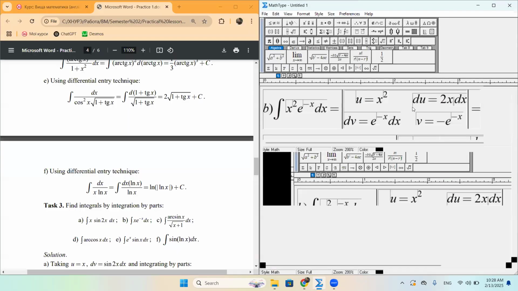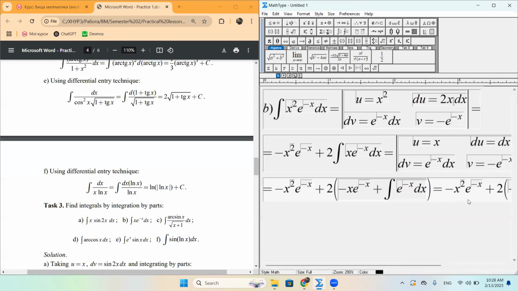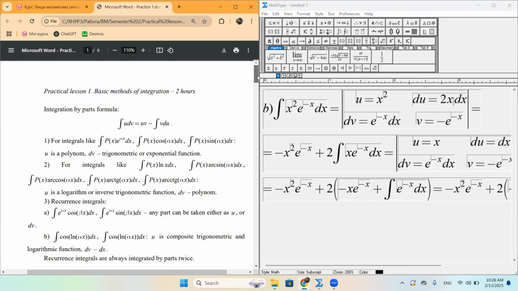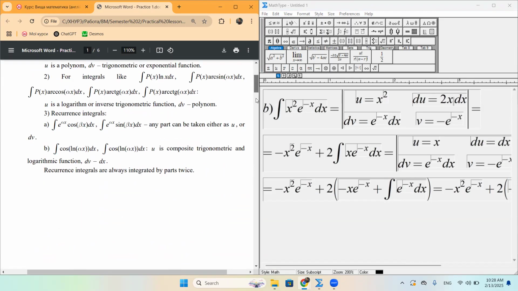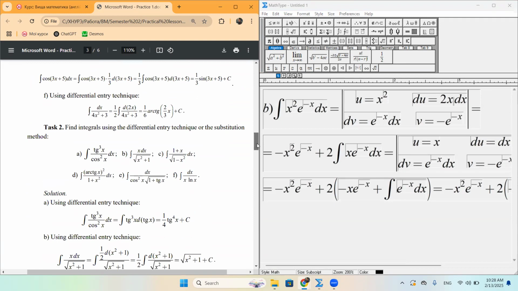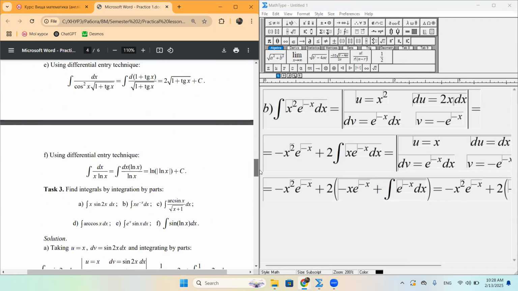I may have one question. Sure. Does this mean that the number of times we have to repeat the procedure entirely depends on the power of the polynomial, or of the u, that is? Well, for integrals that look like this, a polynomial multiplied by an exponent or cosine or sine, it depends on the power of the polynomial.